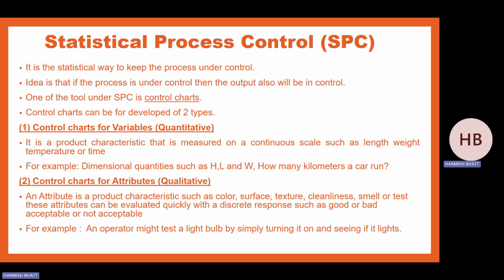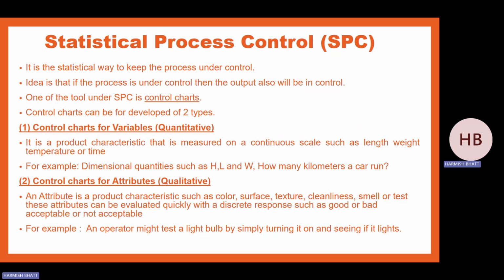There are several tools of statistical process control. Out of all those tools, one is control charts. Control charts can be developed for two different types. The first is control charts for variables, in which the quantitative approach is used.